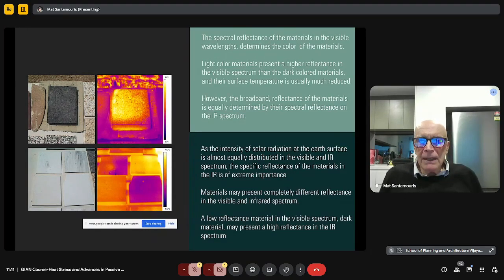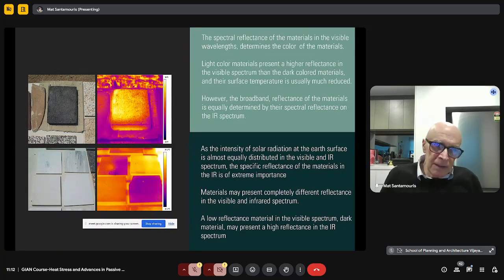So as I told you, the light color materials present a high reflectance in the visible spectrum, and the dark color materials present high absorptance. And given the color, human beings have classified the materials which are used in the built environment as absorbing or not absorbing.